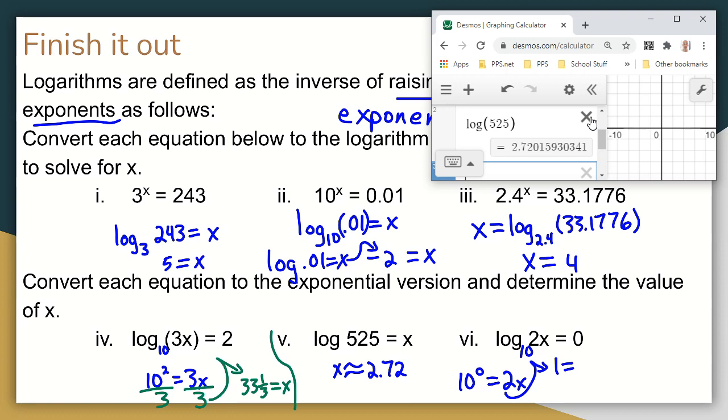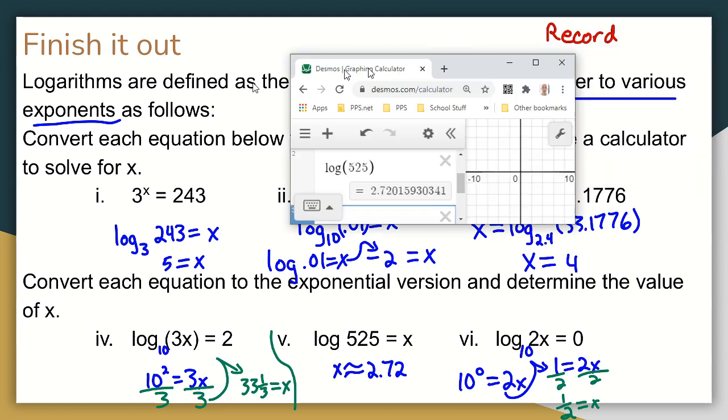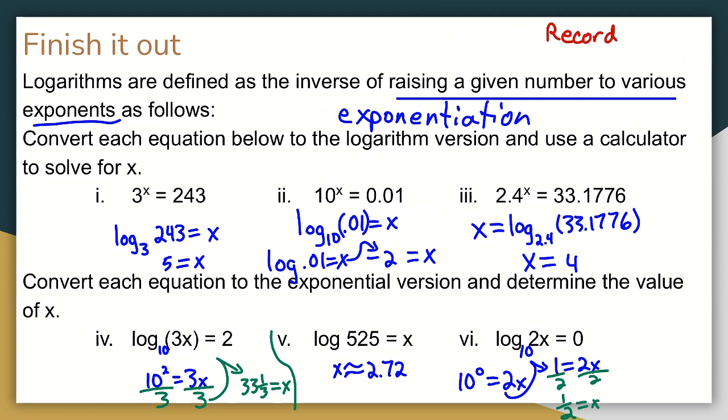So this is 1 is equal to 2x. Dividing by 2, x is equal to 1/2. And that's how we can solve logarithms and exponentials, using sometimes logarithms, sometimes exponential functions. It just depends.